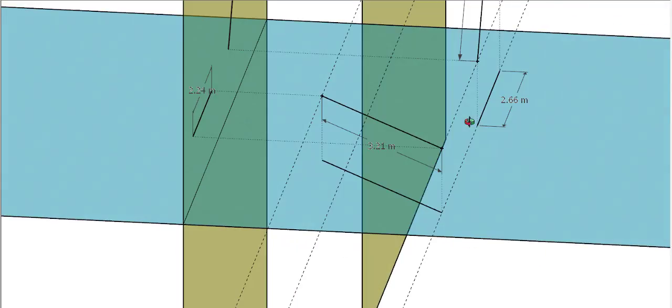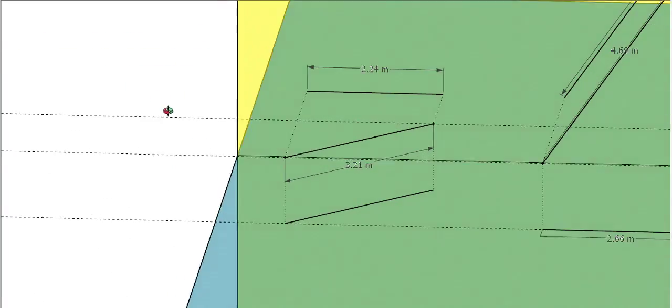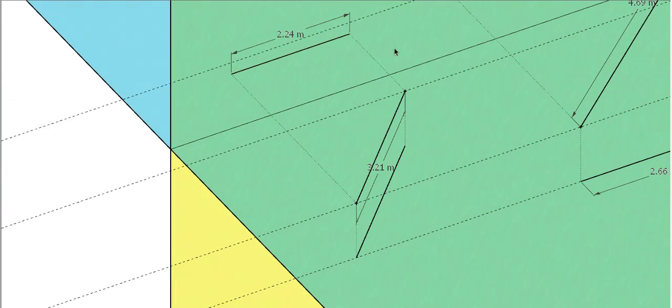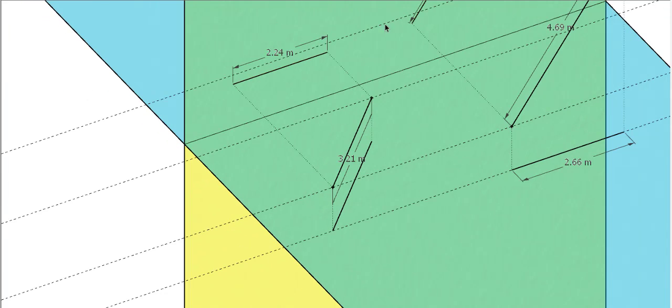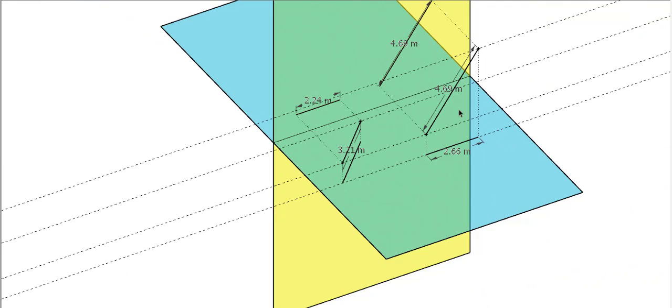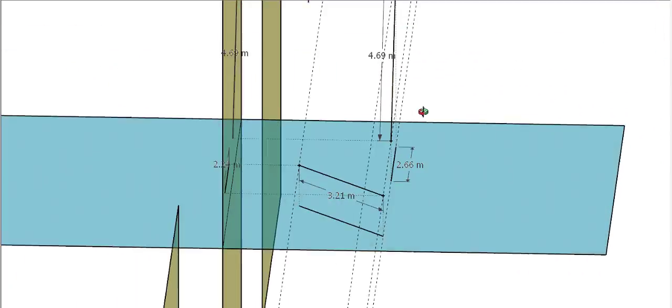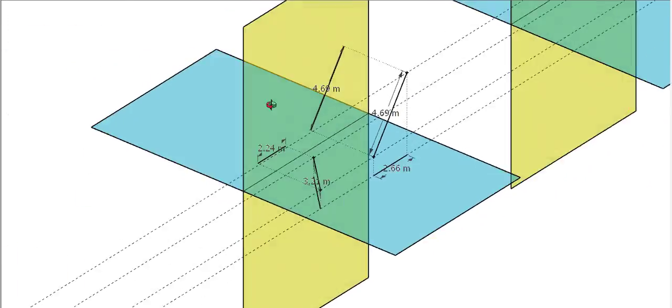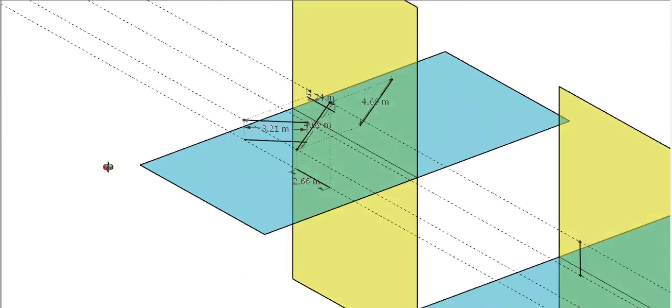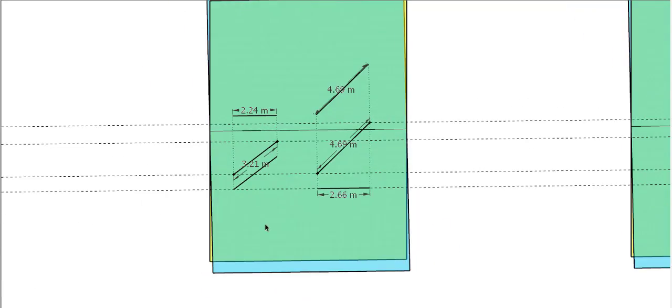This line is parallel to the horizontal plane and it is inclined to the vertical plane, whereas this particular line is inclined to the horizontal plane while it is parallel to the vertical plane. I hope the video is clear here in the 3D model.